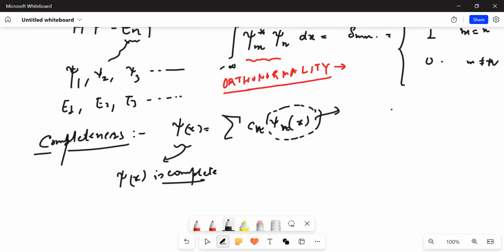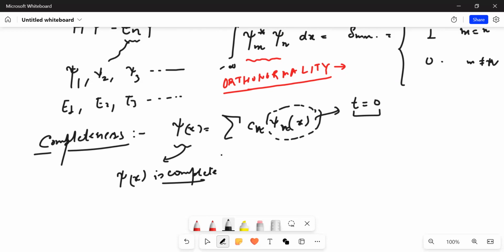Right now I have not written the time dependence, so this is the solution at time t equal to 0. At time t equal to 0, provided I know the energy eigenstates, this would be the general solution. And writing this implies that the energy eigenstates are complete. So this is called the completeness property.